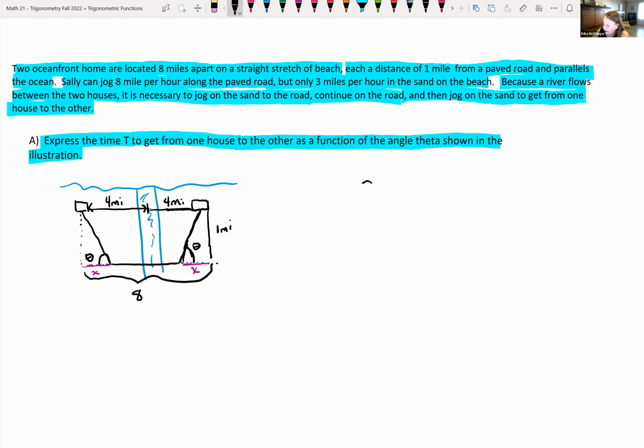We know that distance is equal to rate times time, and we're trying to find how fast. And so we know that time is equal to the distance run all over how fast she's running. So it depends on which piece we're looking at.